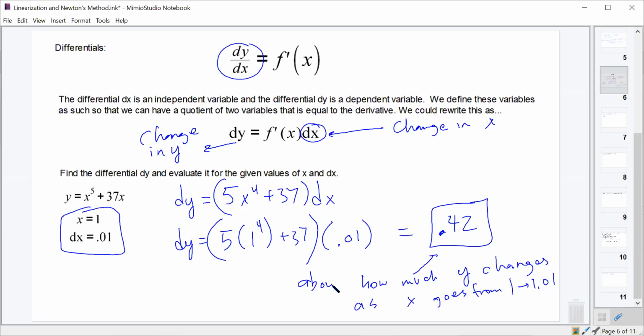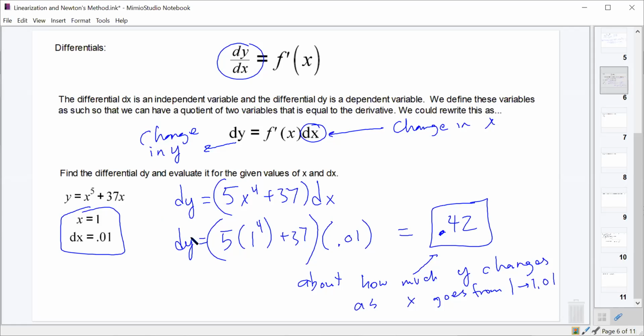No, it's not exactly the same. It's about how much y changes as x goes from 1 to 1.01. So we were just given the change in x. Would we normally have to try and find it out? No, it'll usually be given to you. If they want you to find the change in y, the change in x will be given to you. They may give you the change in y and say y changes by about this much, how much did x change by?